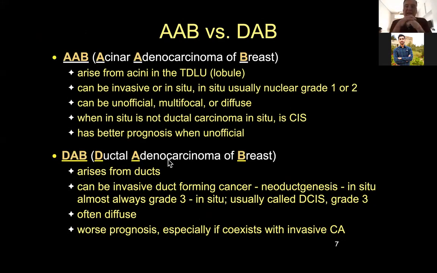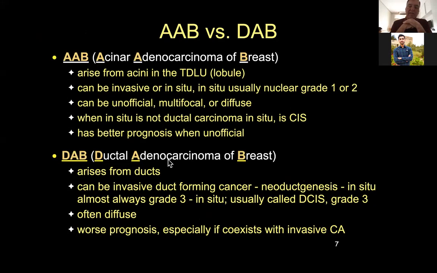Now, I want to get into something that is a Laszlo Tabar theory, and he divides cancers into AAB, DAB, and diffuse cancers, which includes some DABs and invasive lobular cancer, but AAB stands for acinar adenocarcinoma of the breast. These are adenocarcinomas that arise from the acini within the TDLU.